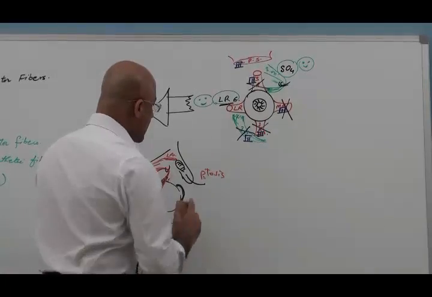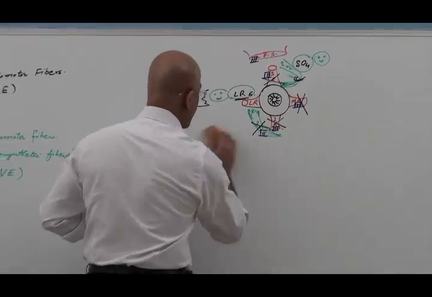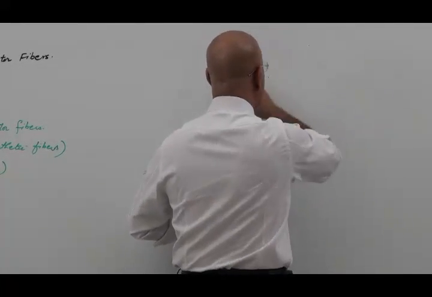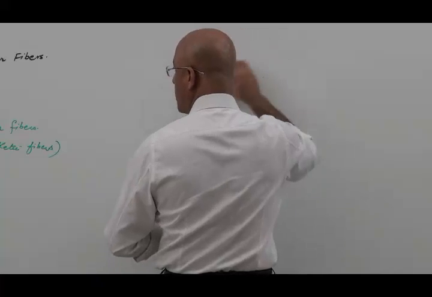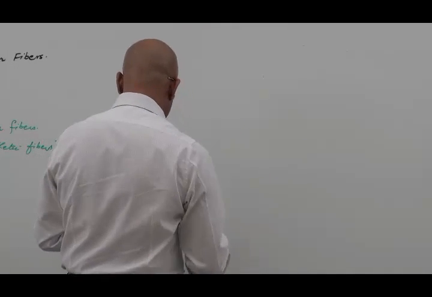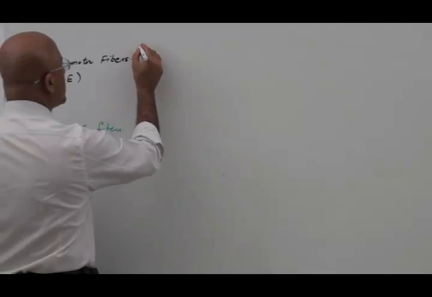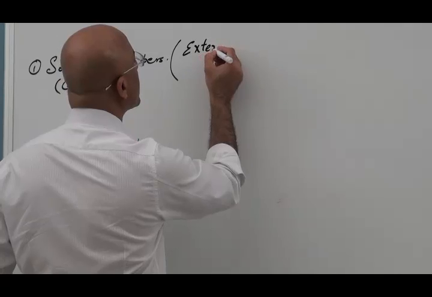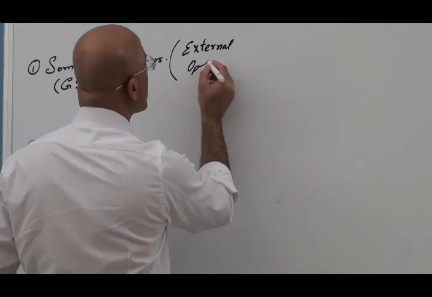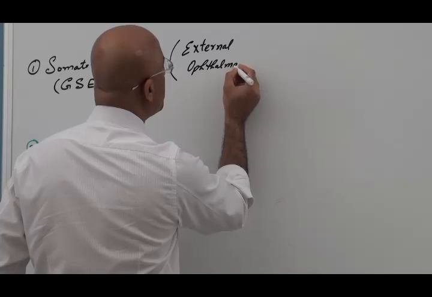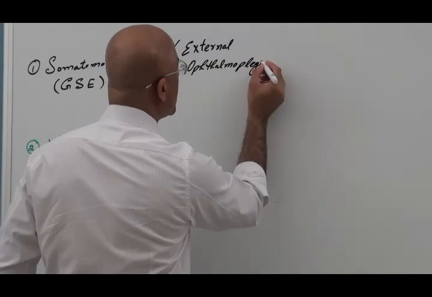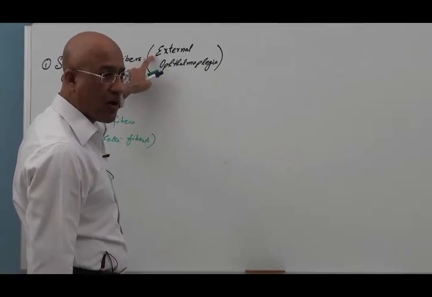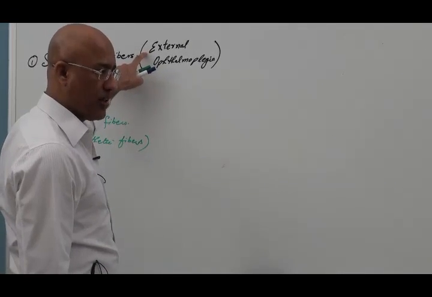Now, if a patient comes to you who has failure of somatomotor fibers, because extraocular muscles fail, this kind of failure is called external ophthalmoplegia. Plegia means weakness or failure of the muscles, right? So this is external muscles of the eyeball, because in the eyeball there are internal muscles also.